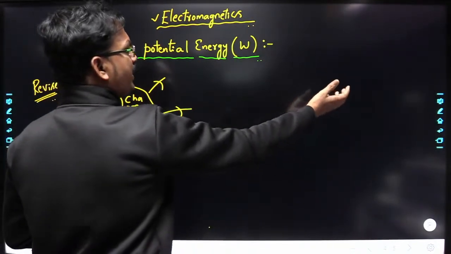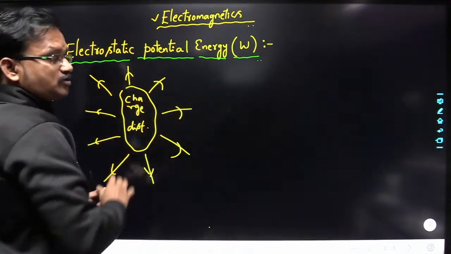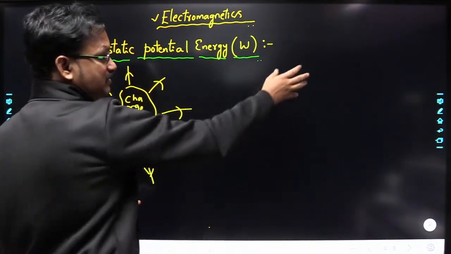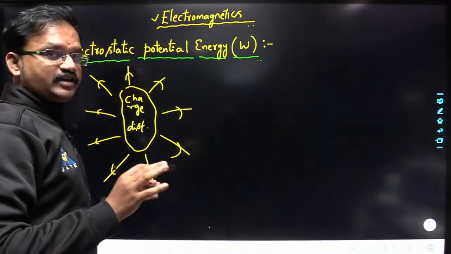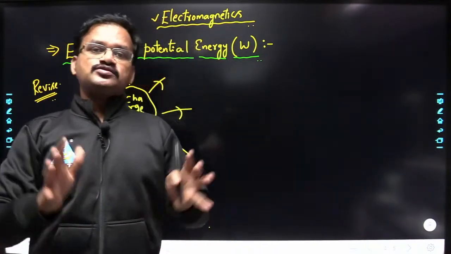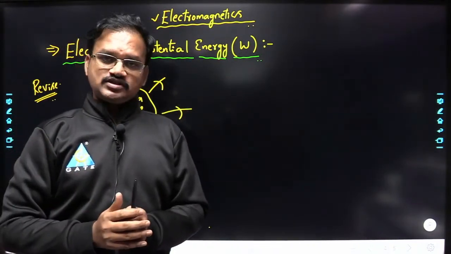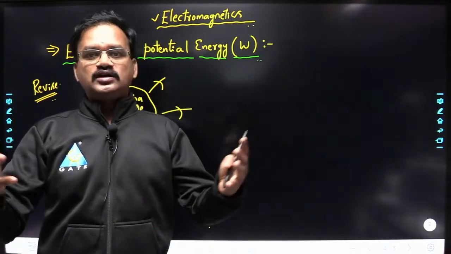Now, if I try to bring a charge of opposite polarity to the charge distribution, then that charge is going to experience an attractive force. So finally, whenever you have some charge distribution, it sets up an electric field in its vicinity, and this field exerts forces on other charges.